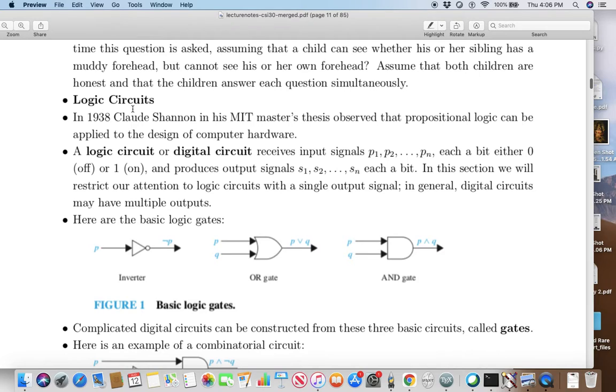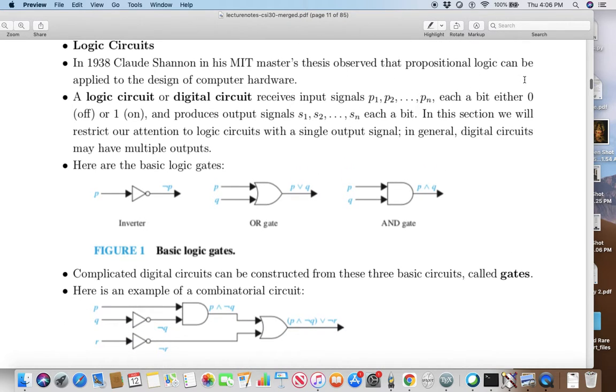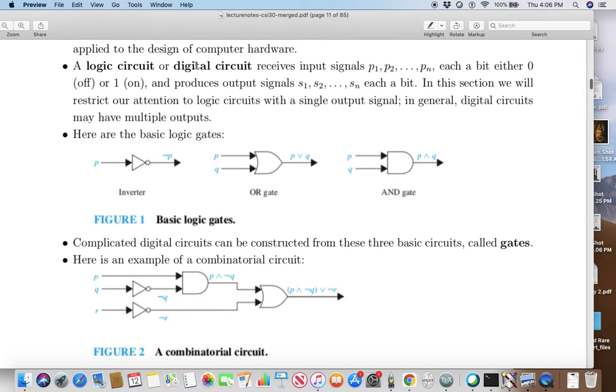Next comes logic circuits. In 1938, Claude Shannon, in his MIT master's thesis, observed that propositional logic can be applied to the design of computer hardware. A logic circuit or digital circuit receives input signals P1 through Pn, each a bit, a binary digit, either 0, which is off, or 1, which is on.